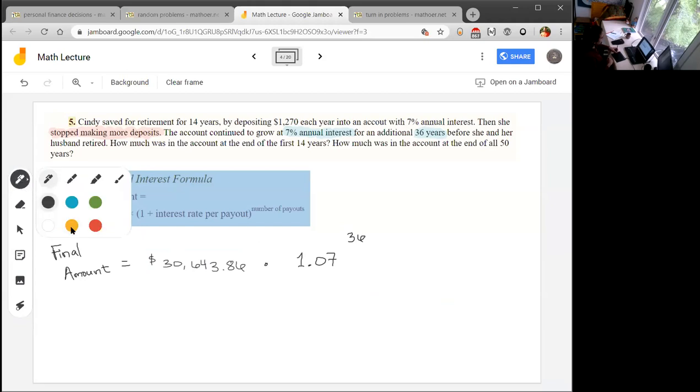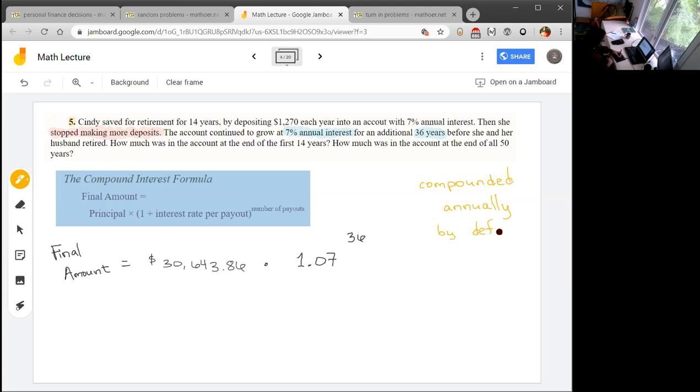Since it's annual compounding, the formula looks very friendly. It is great when there's none of the funny stuff with weekly compounding or monthly compounding. Unfortunately, real life almost always has monthly compounding.